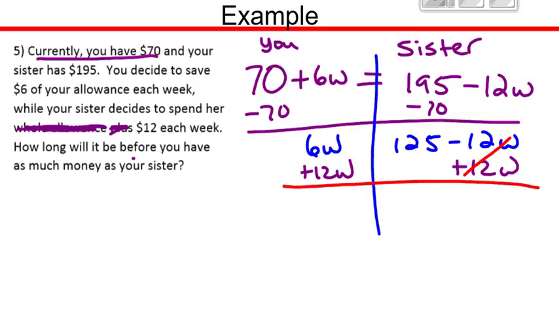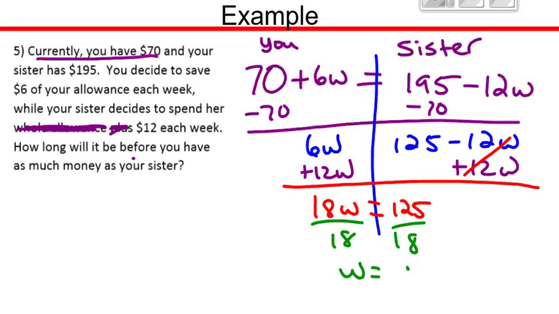That will give me 18w equals 125. And then when I divide both sides by 18, that will give me w equals 6.94.